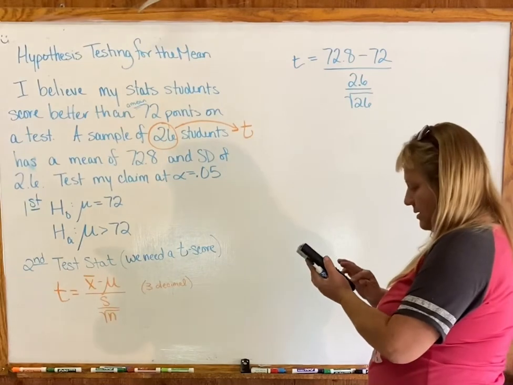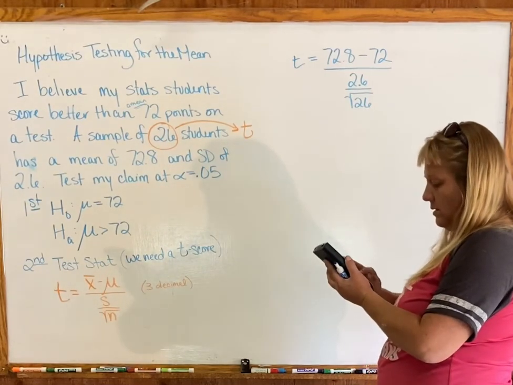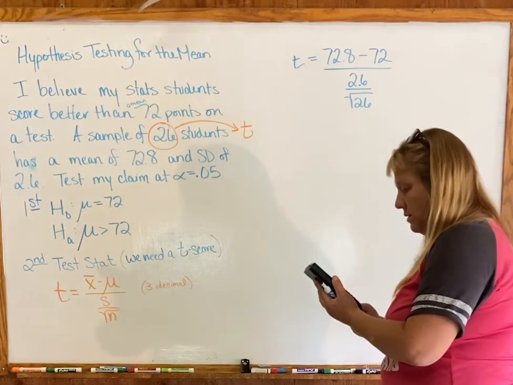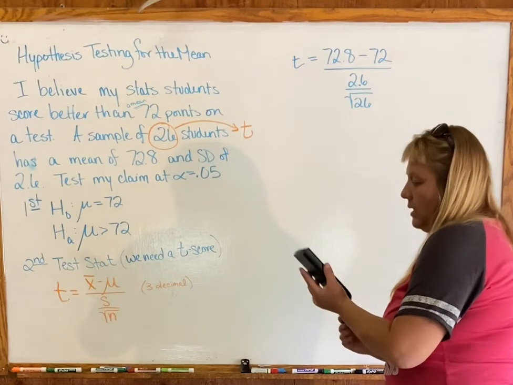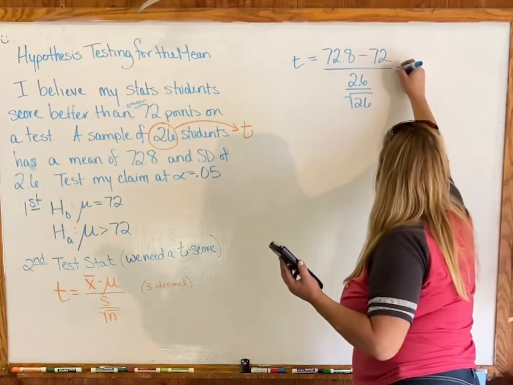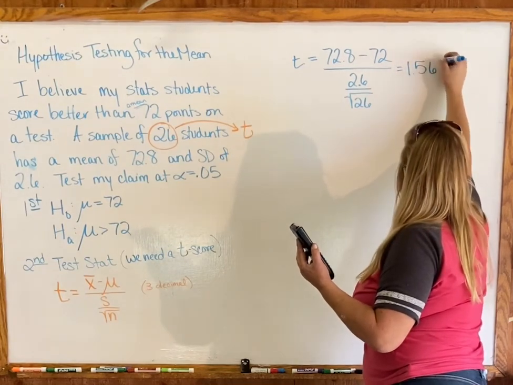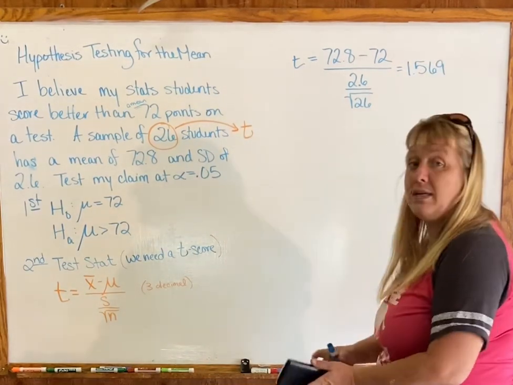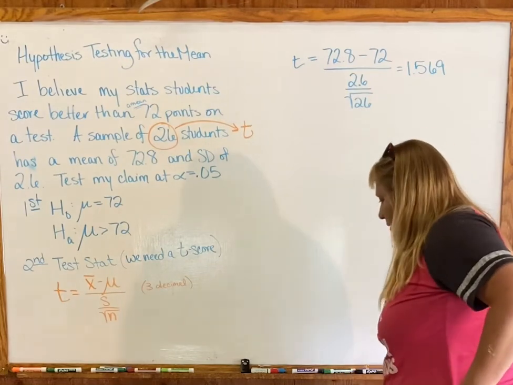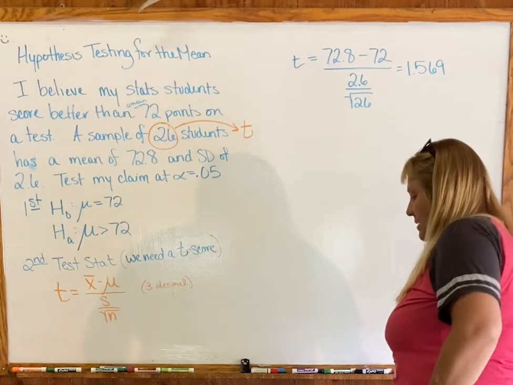2.6. And I got, this time, 1.569. Remember, 3 decimal places on this one. So 1.569.